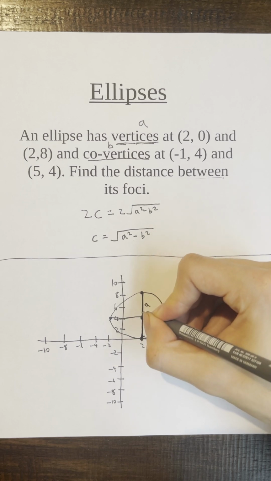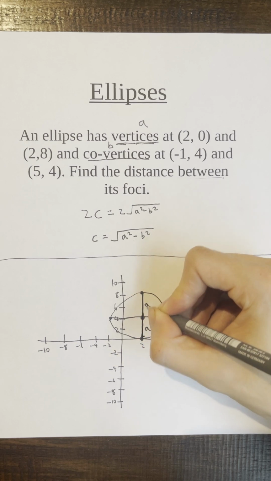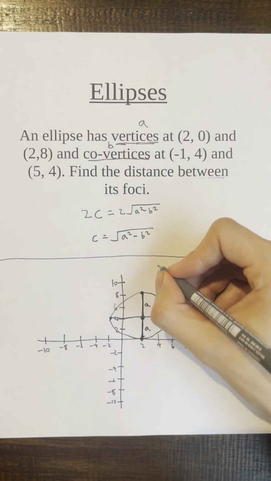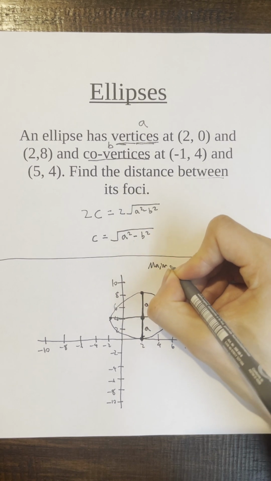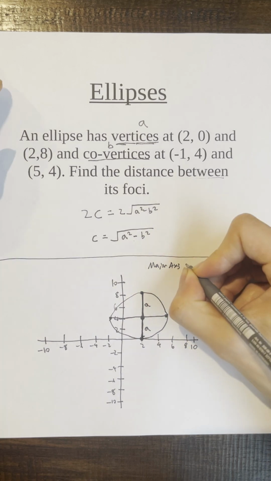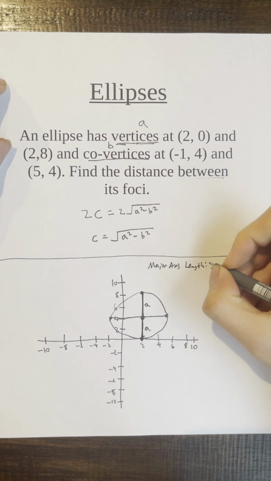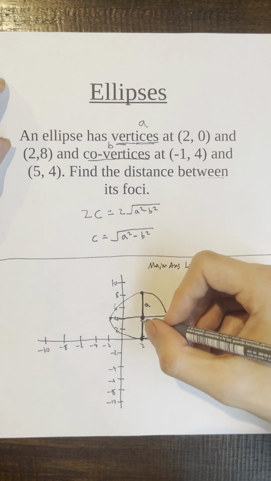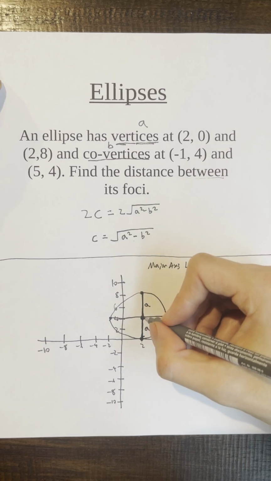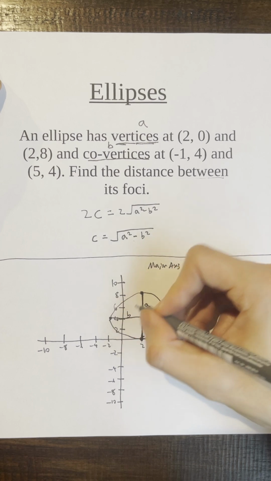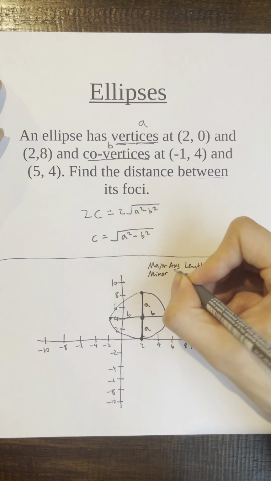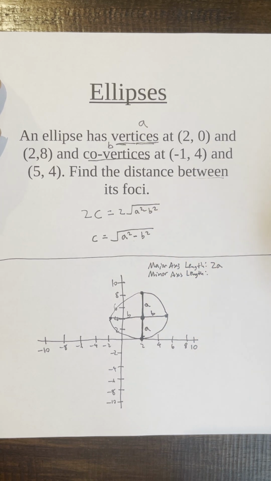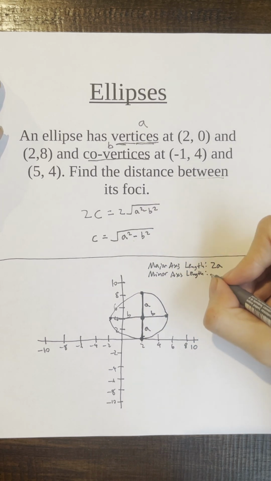So in total, the whole major axis length is how many A? So that's why the major axis length is 2A. For the same reasons, how long will the minor axis be? 2B.